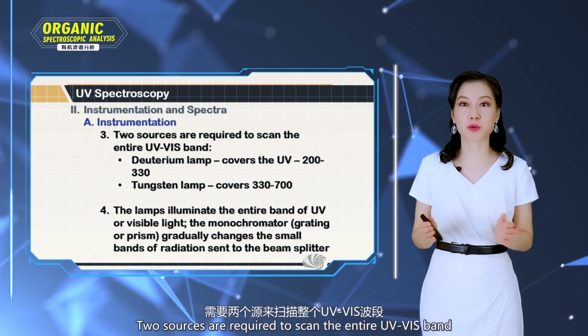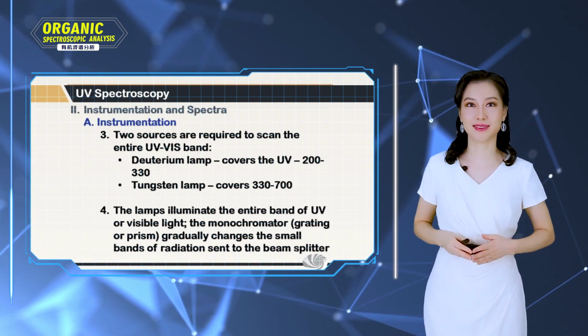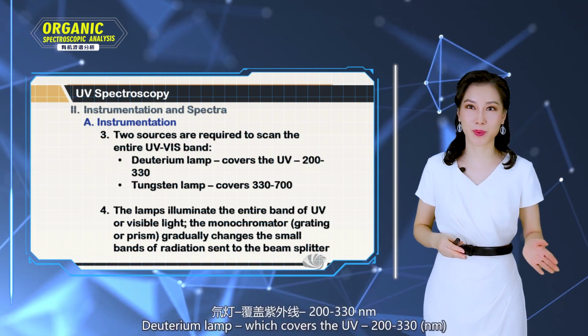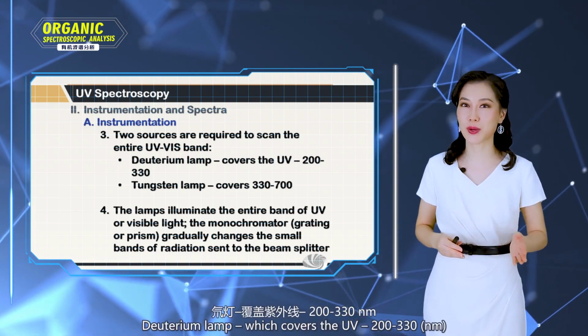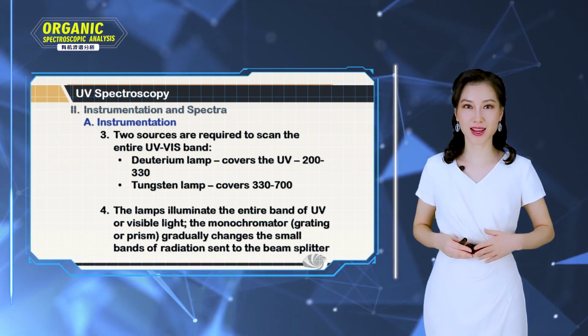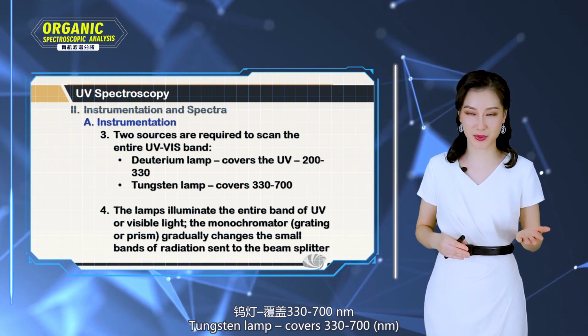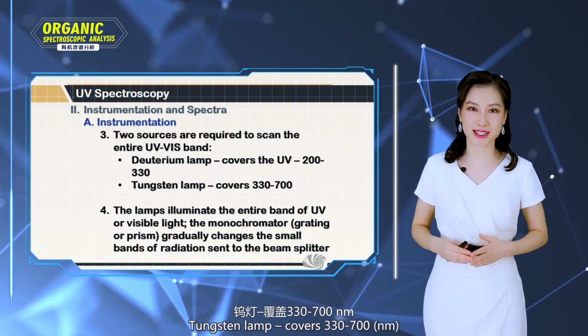Two sources are required to scan the entire UV-visible band. A deuterium lamp covers the UV from 200 to 330 nanometers. A tungsten lamp covers from 330 to 700 nanometers.